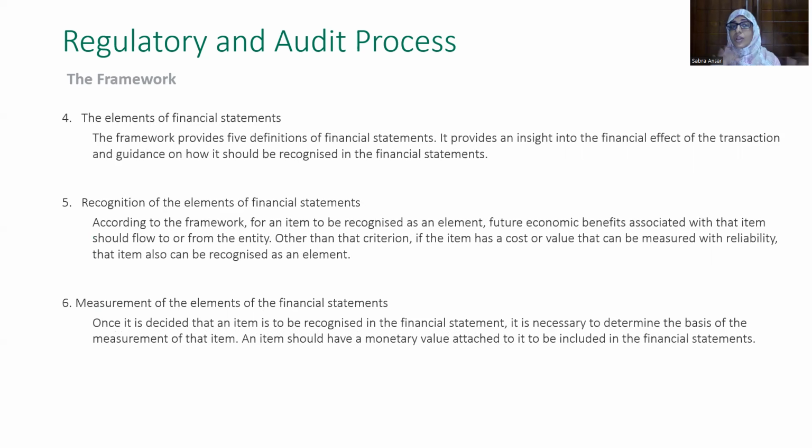According to the framework, an item should be recognized in a specific way, right? So how is it recognized? It needs to be included so that the user can understand, when making decisions, how these elements are recognized.